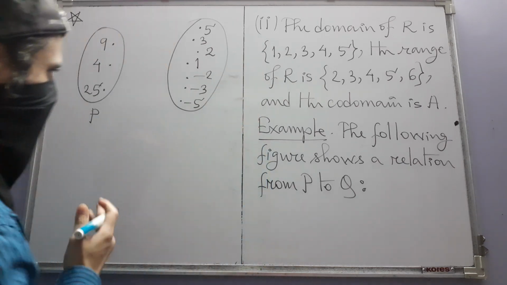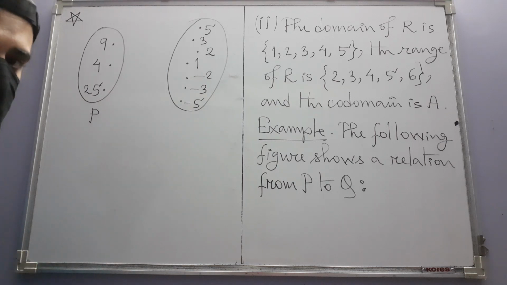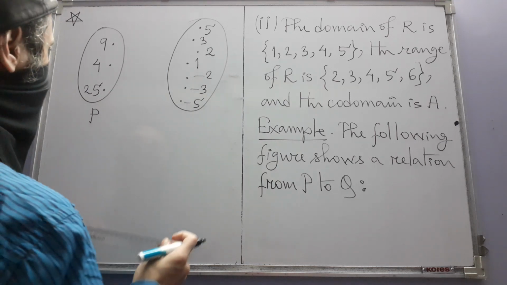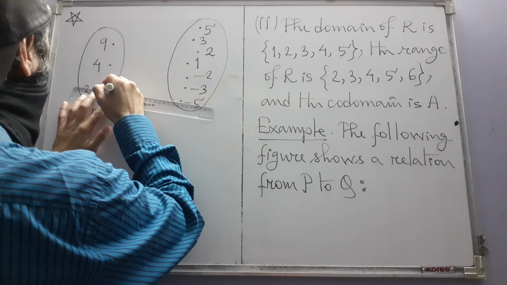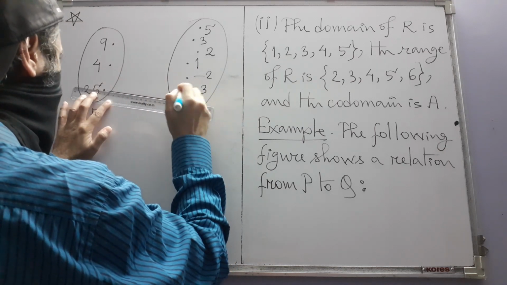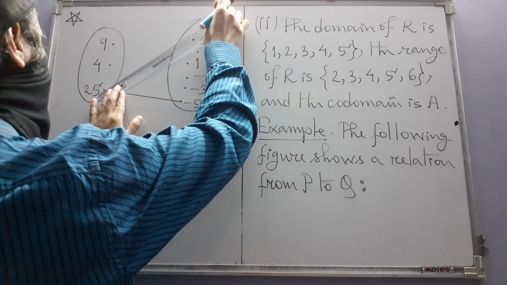Perhaps looking at the numbers you can already guess what I am going to do. 25 is related to -5 and 5.